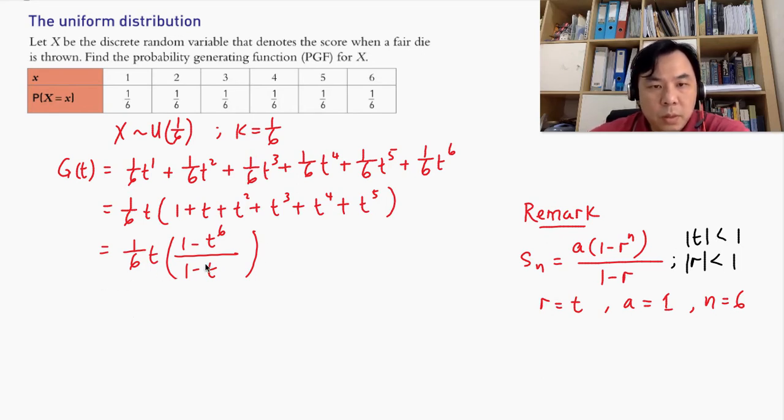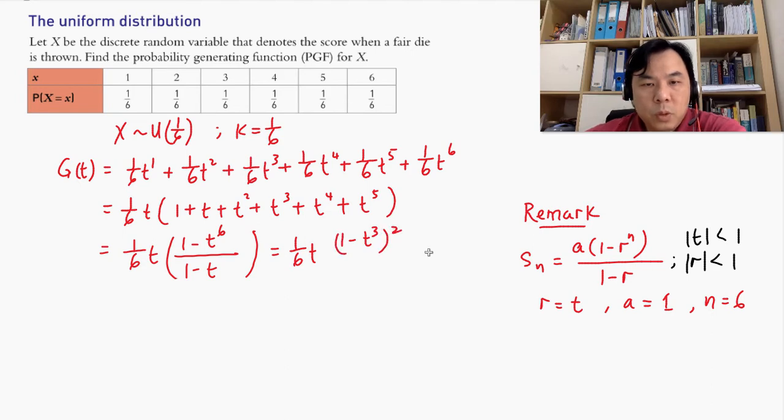Now we can simplify this further as 1/6 times (1 minus t^6) over 1 minus t. That can be written as 1 minus (t^2)^3 like this, over 1 minus t. Oops, hold on, let me correct that.